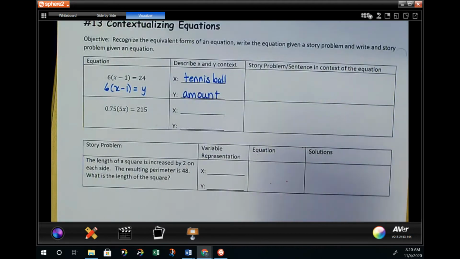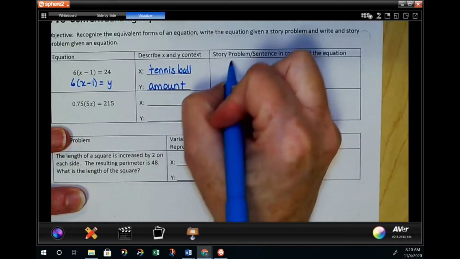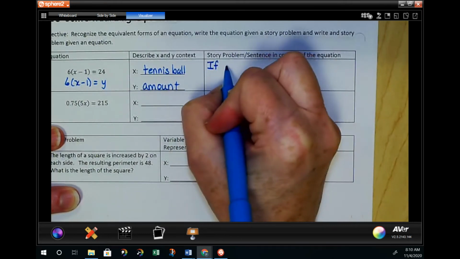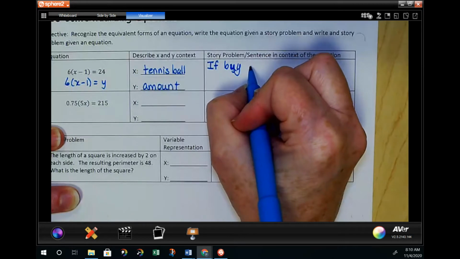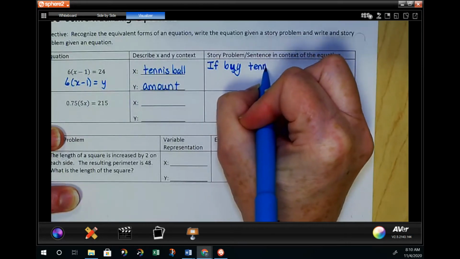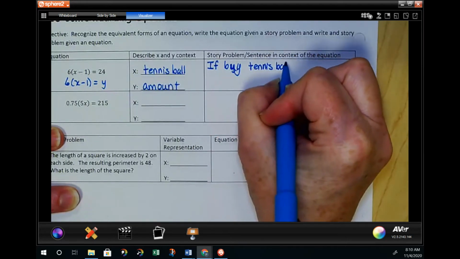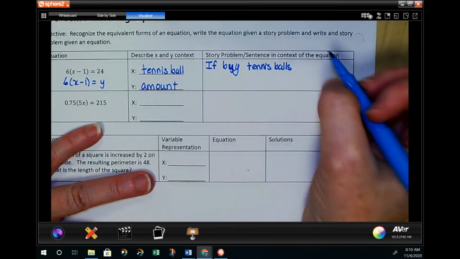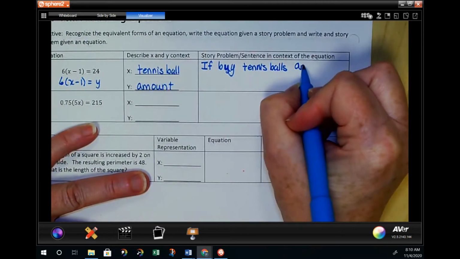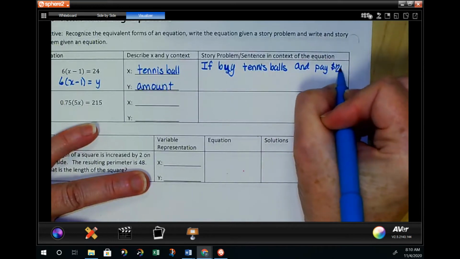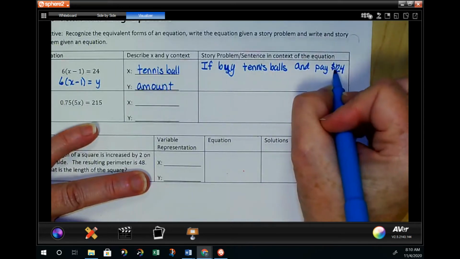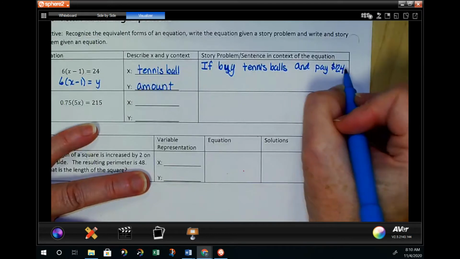So basically, if you buy tennis balls, there's a special deal at the store, and you pay $24. Notice the dollar sign went in front of the 24.